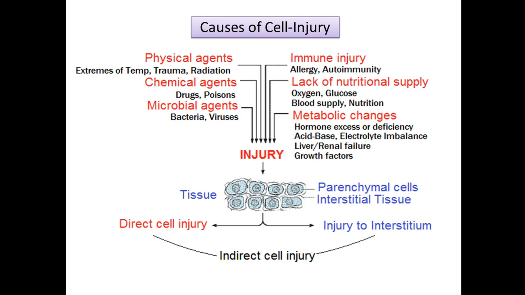Now, in irreversible cell injury, damage is suffered by the parenchymal cells as well as by the interstitial tissue, the tissue in between the cells.